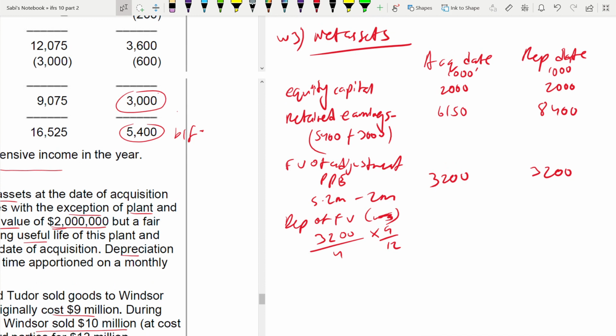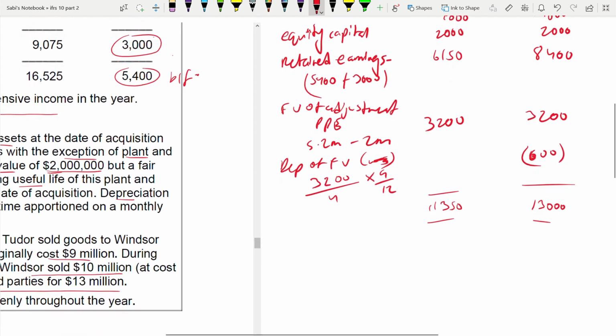It's never. Always at the reporting date you will have depreciation, which will be deducted, 600. So now add up all, and here you will be getting 11,350. Here you will be getting 13,000. We'll keep it. We'll go to working 4 and find goodwill.